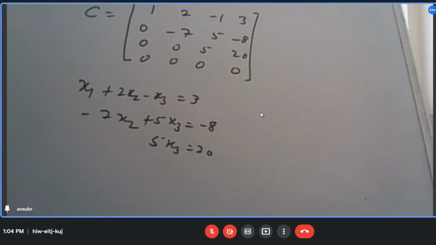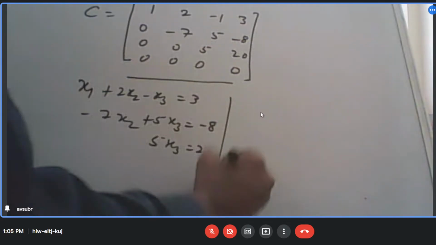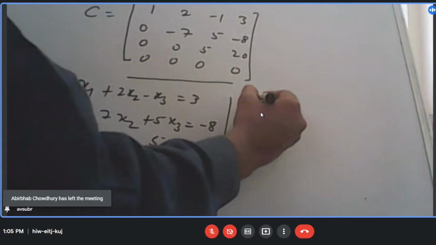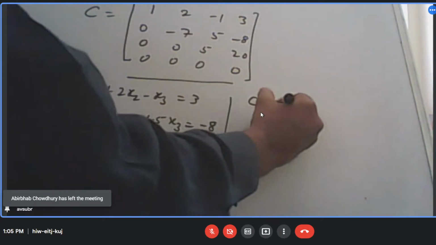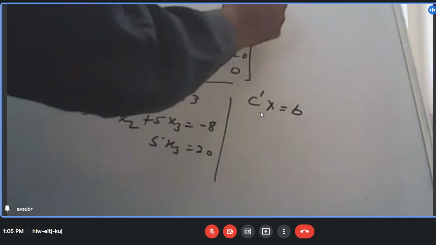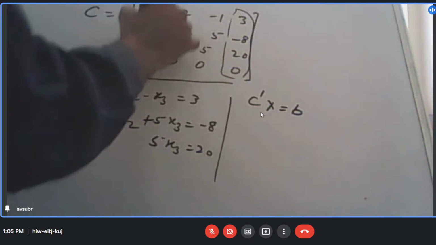All right. Now, in fact, this whole thing can be written like this also: C dash x is equal to b, where b is this one and C dash is this one.